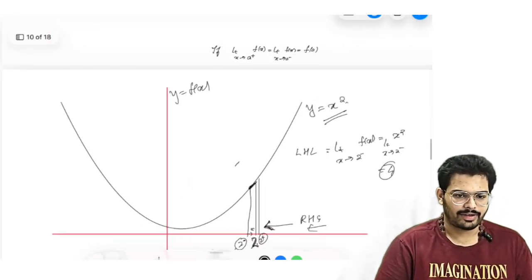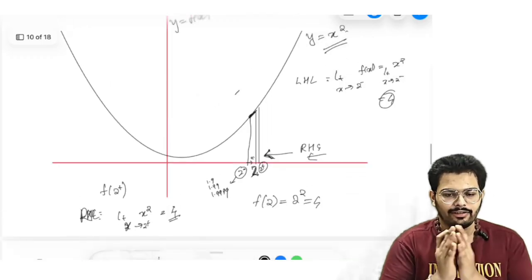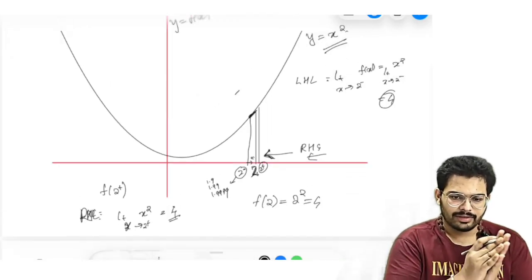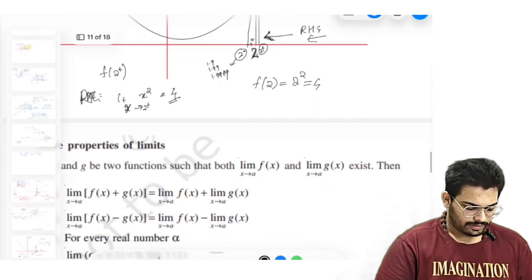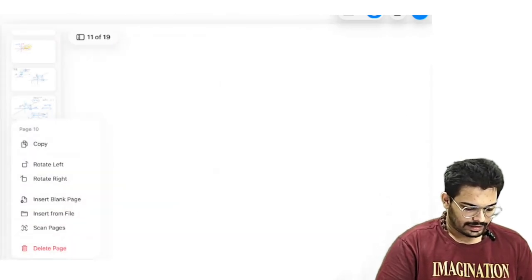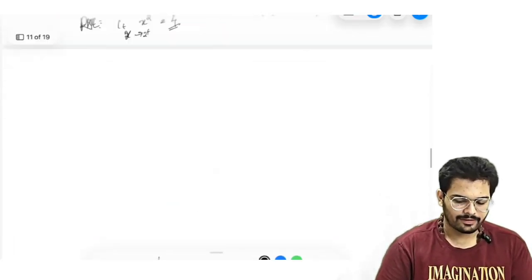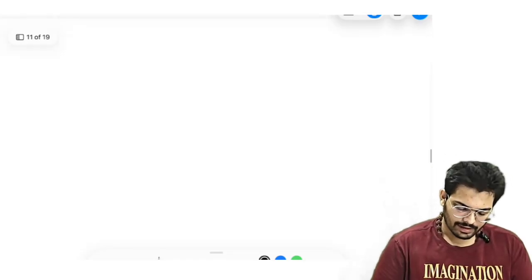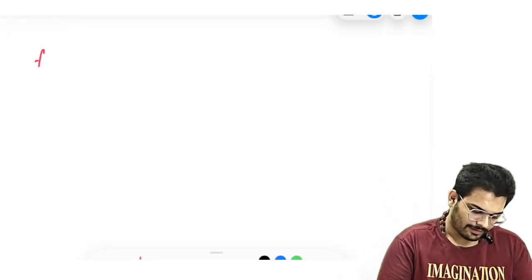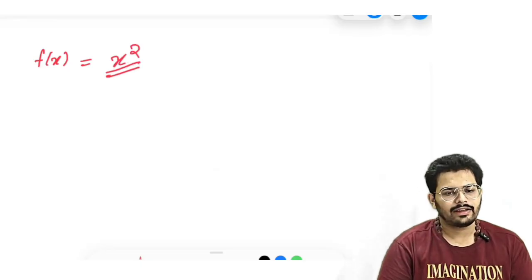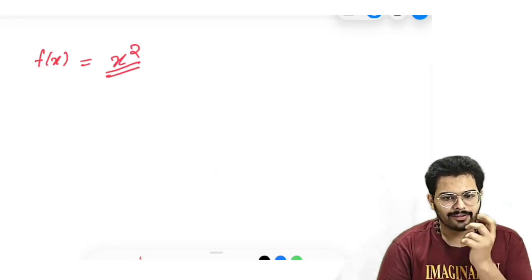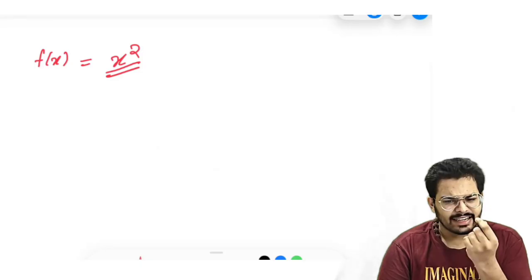That's the application of limit, which means we can find the value of that function when it approaches a certain value. Or you can understand it like this also. For example, a function f of x equal to x square. Now I am telling the value of the function when it is slightly positive.